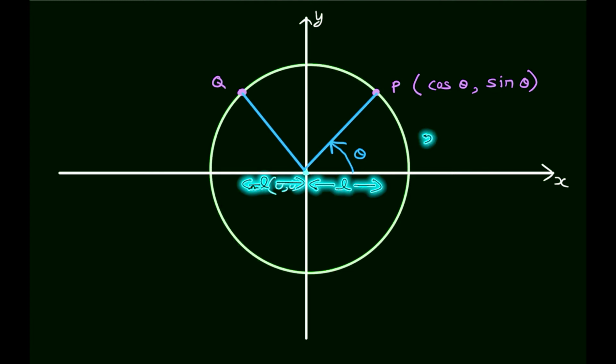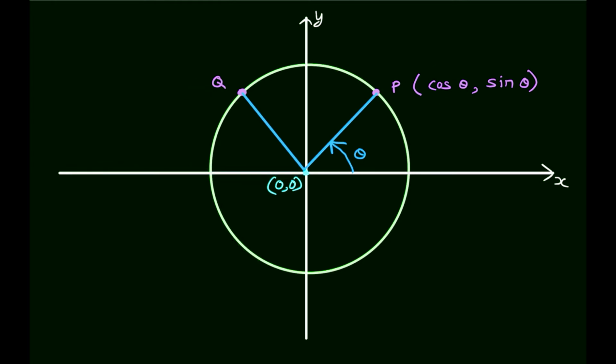let's say this is x. This vertical distance from the x-axis to point P will be the same as the vertical distance from the x-axis to point Q. So therefore, the x coordinate of point Q will be the same as the x coordinate of point P, but it will be negative for point Q, because this is a negative x-axis.